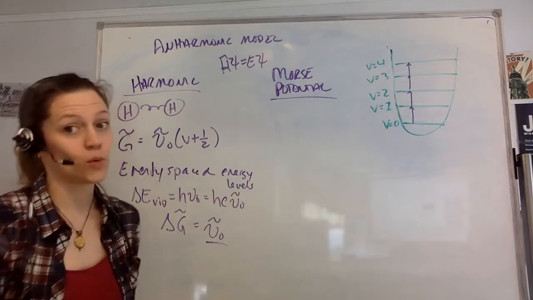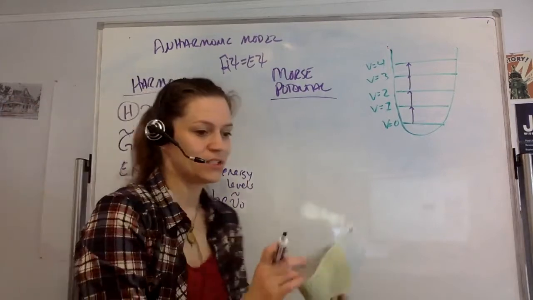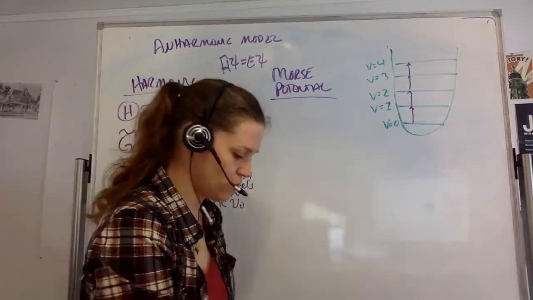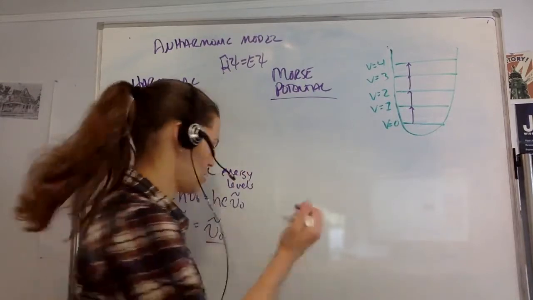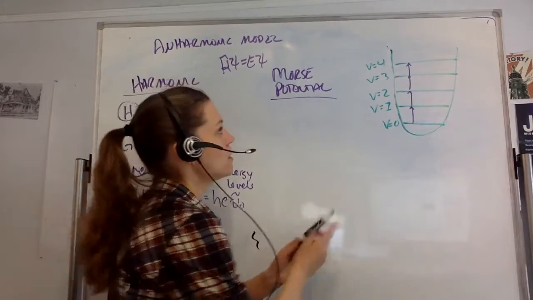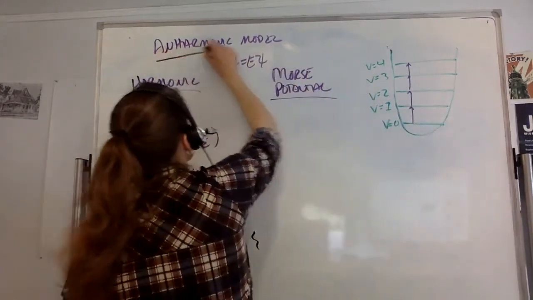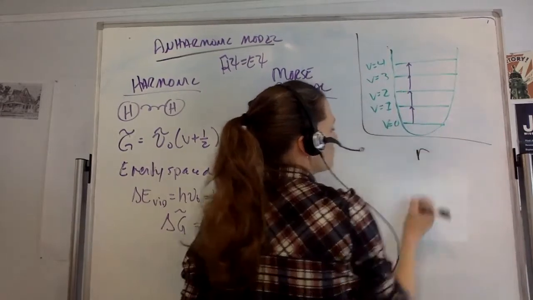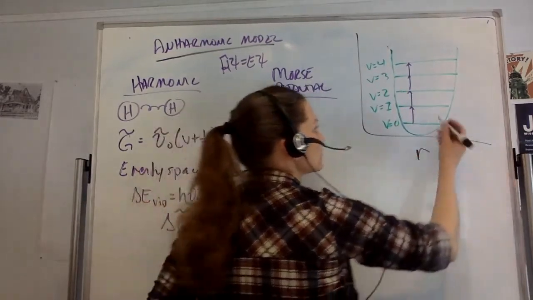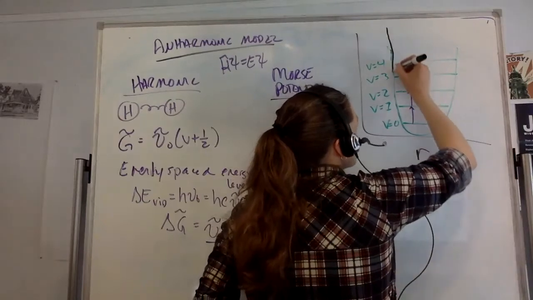Okay, the Morse potential, however, takes into account the fact that, let me see if I can find a black marker. Yay. Okay, so by the way, this is the equilibrium distance. It's going to look something like this.